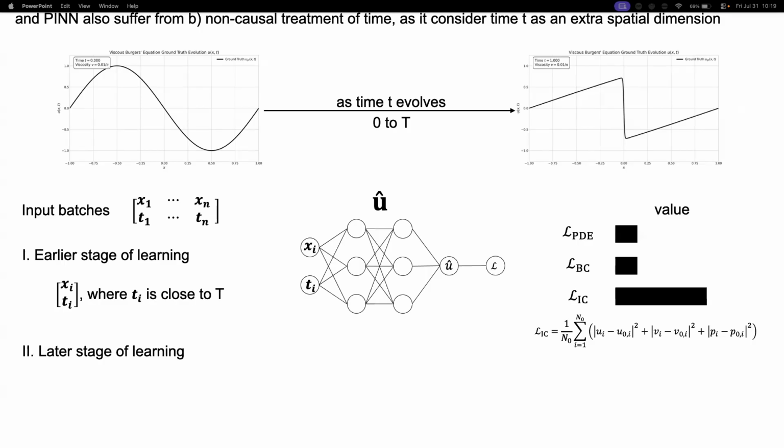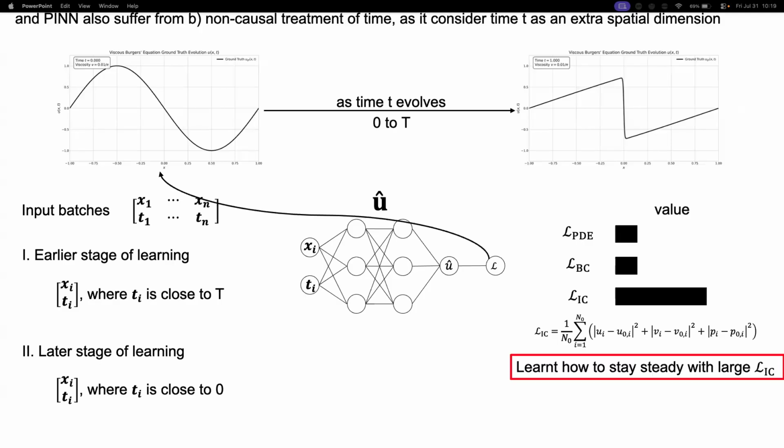And at the later stage of learning, we will have data where t_i is closer to 0, which will want to learn the initial condition values. But the neural network has already learned how to stay steady on the large initial condition loss term. So even though we put in data from t_i closer to 0, it will look like this.